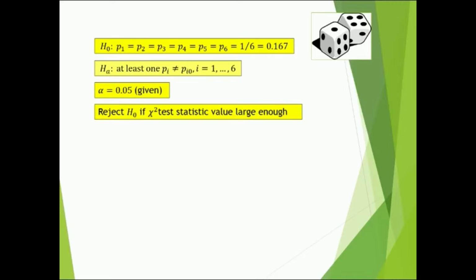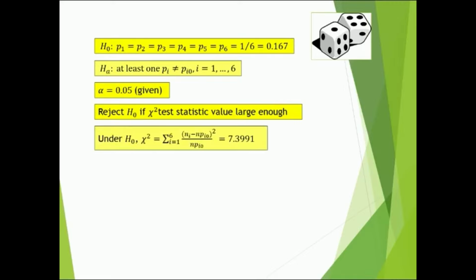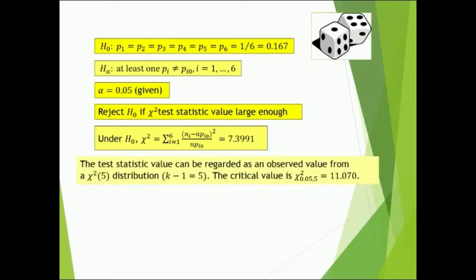We've determined from our table that the chi-square value is 7.4 rounded. The test statistic value can be regarded as an observed value from a chi-square 5 distribution, 6 minus 1 is 5, where the critical value is 11.07. We can conclude that we will reject the null hypothesis only if this chi-square value is larger than this, but it's not.